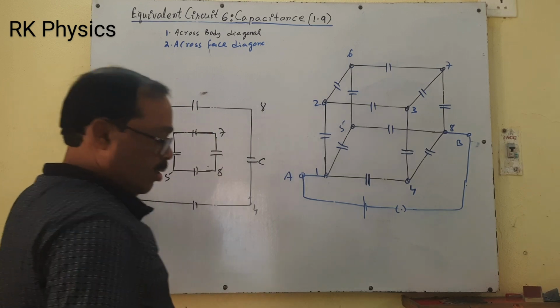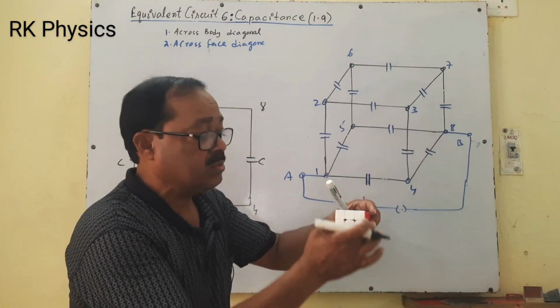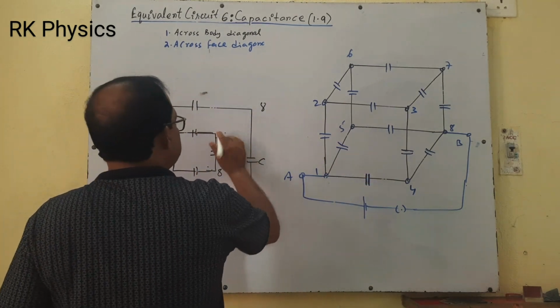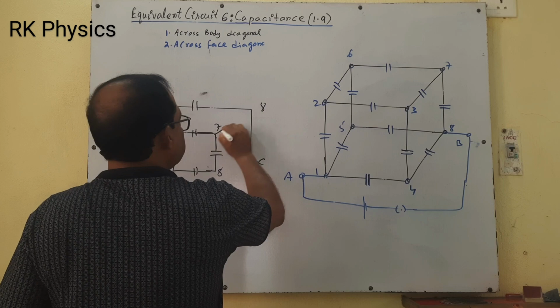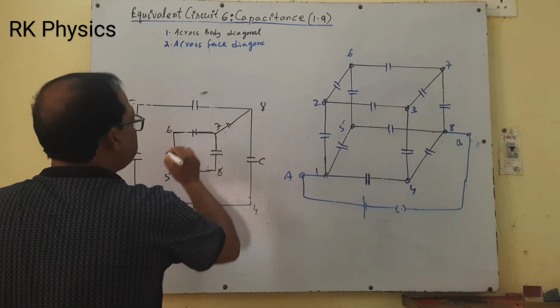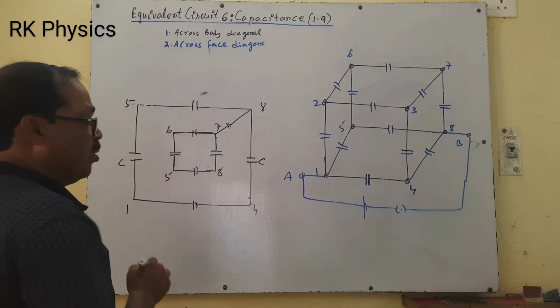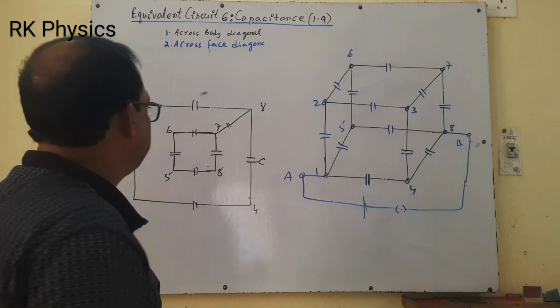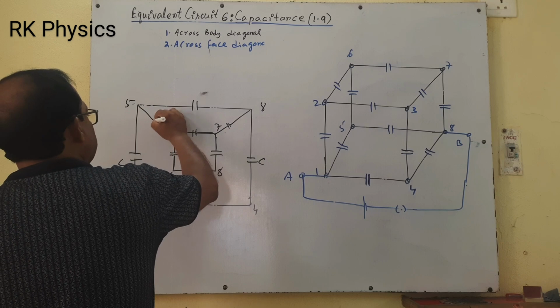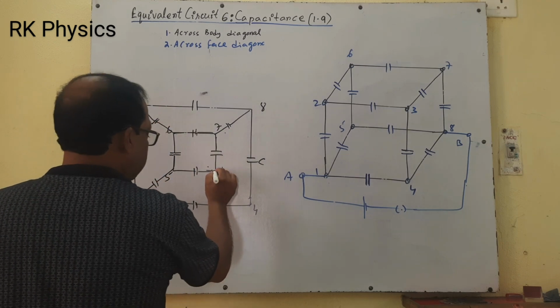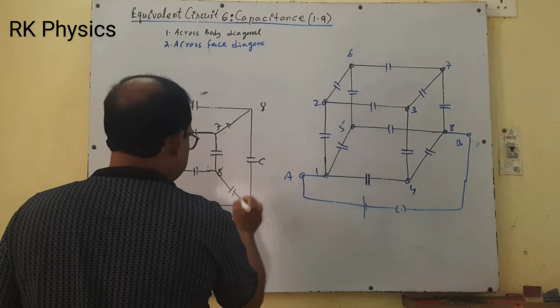Then you take the pillars. Now the pillar is in between 7 to 8. There is one pillar. In between 5 to 6 another pillar, 1 to 5 another pillar, and 8 to 7 another pillar.